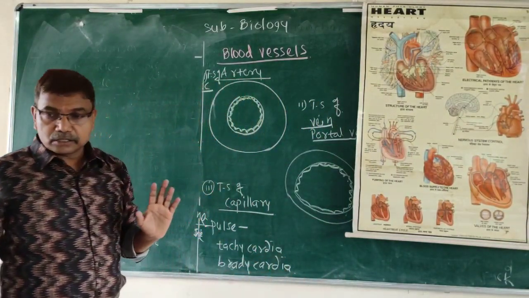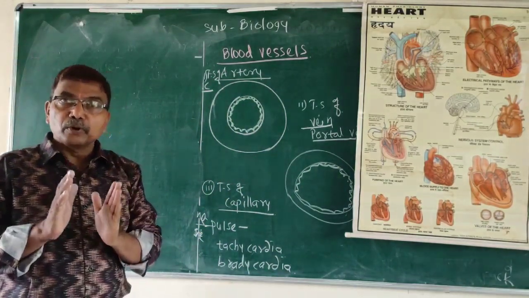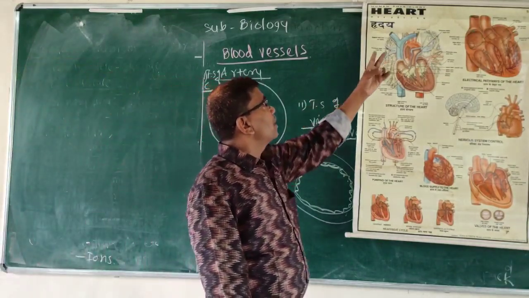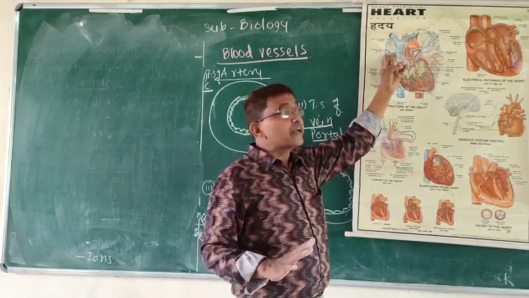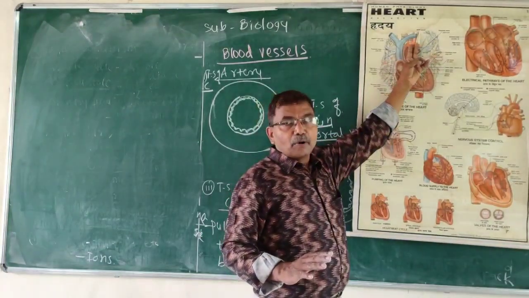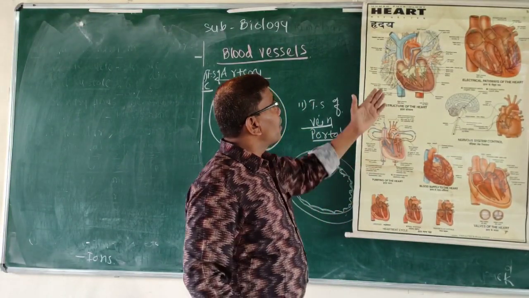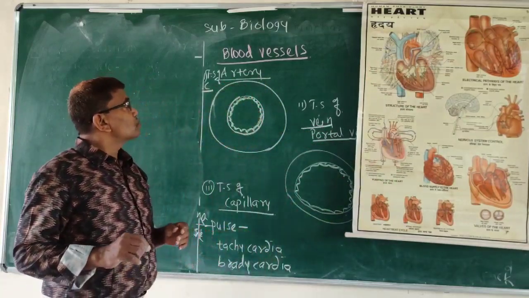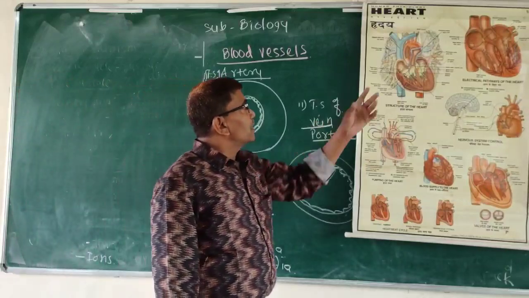So arteries are important, carrying mostly pure blood away from the heart. The only exceptional case is the pulmonary artery, which carries deoxygenated blood to the lungs for purification, but the remaining aorta carries oxygenated blood away from the heart to the different parts of the body to supply the material.